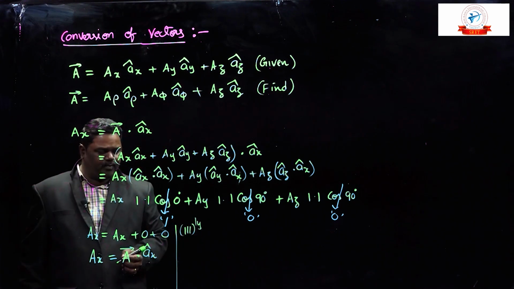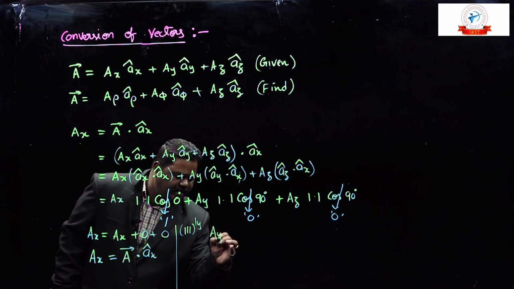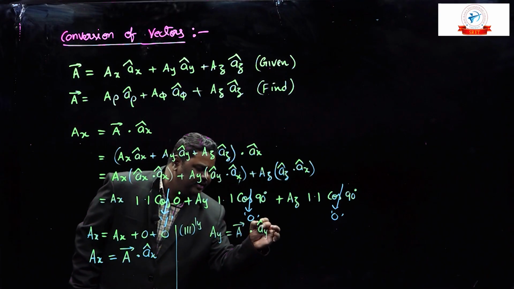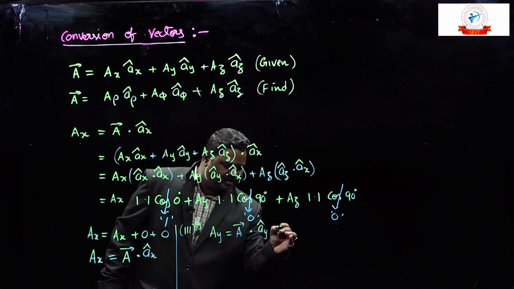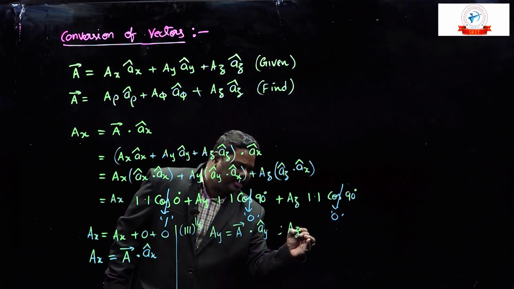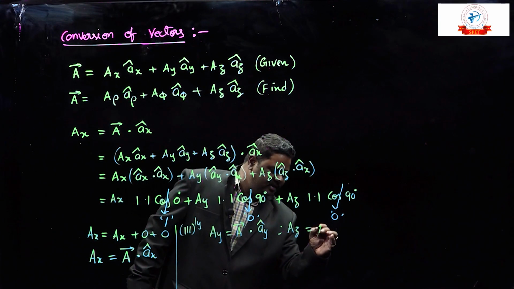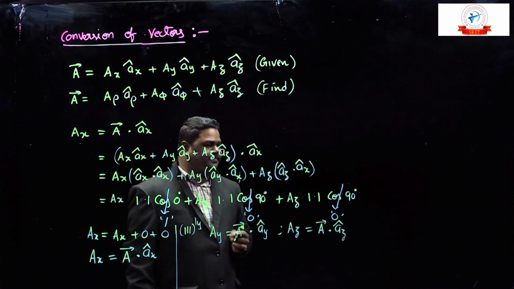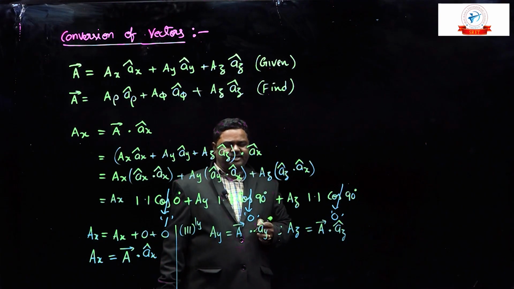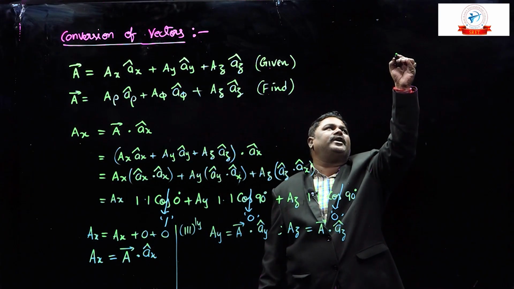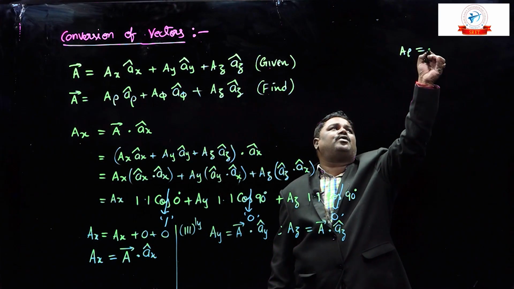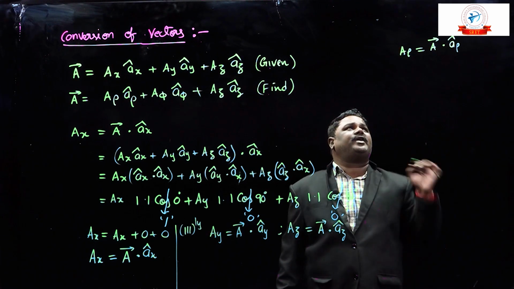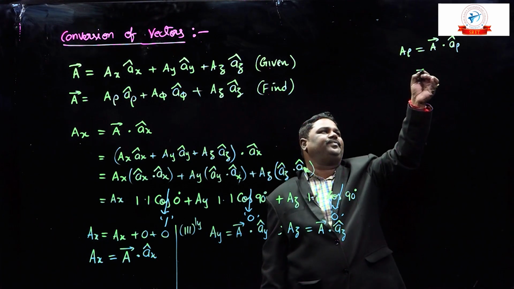Similarly, how do you find the remaining components? The y component is given by the complete vector dot product with ay cap. The z component az is given by the complete vector dot product with az cap. In the same fashion, how do you find the rho component? The rho component is given by the complete vector dot product with a rho cap.